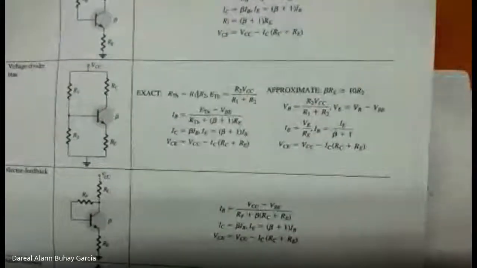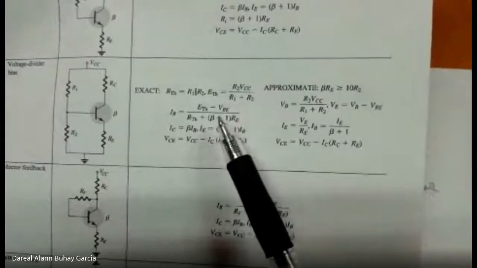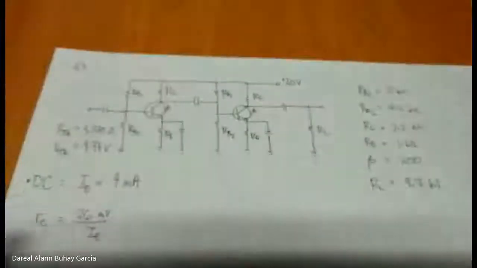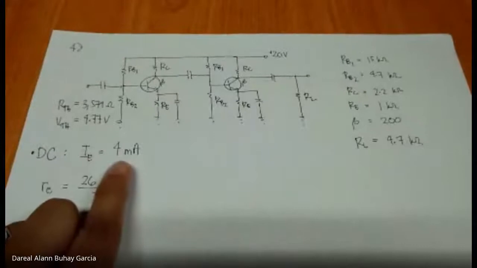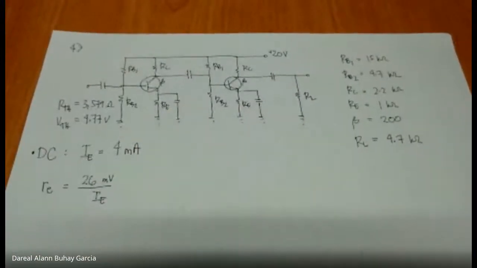Sa page, sige, page 193. Nakuha ba sa tanan ang 4 milliamperes nga IE? DC current?